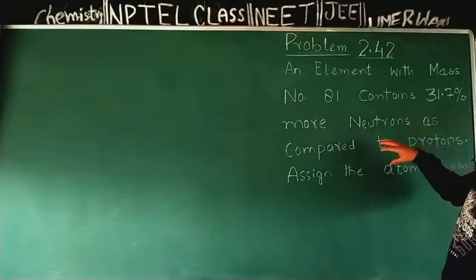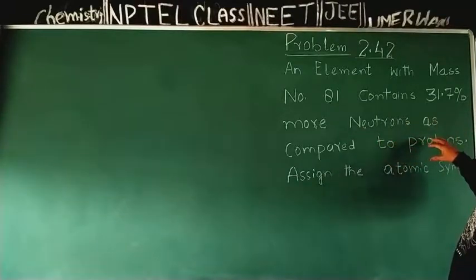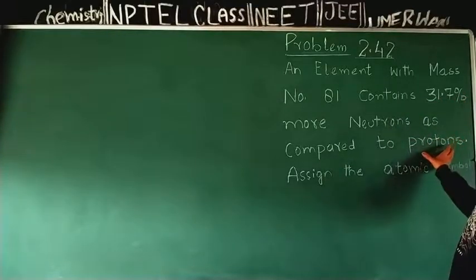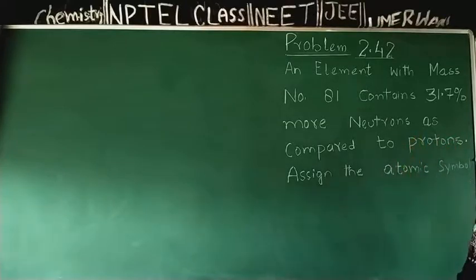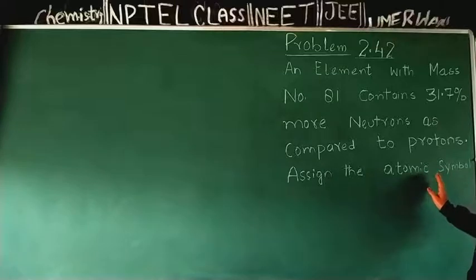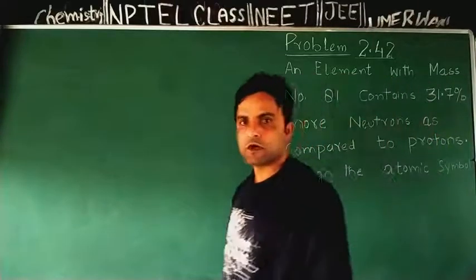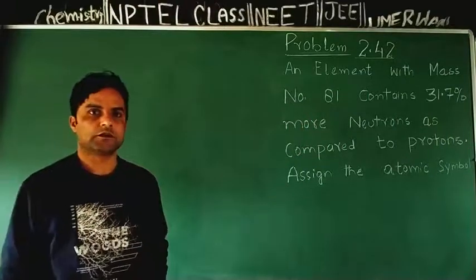Number of neutrons is equal to 31.7% of number of protons greater than the number of protons. And now we have to assign the atomic symbol. We have to write symbol for this element.